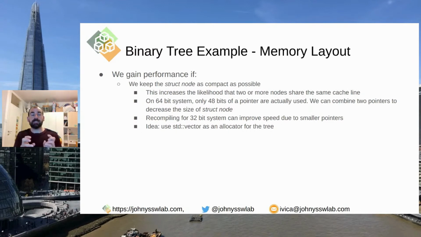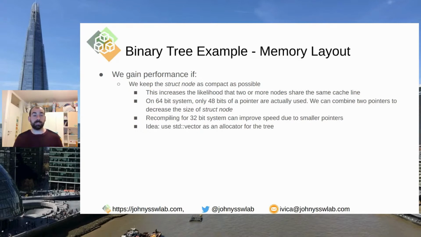Even if that increases the amount of work you need to do, using bit operations to extract those values, nevertheless, your program will be faster because the memory is much, much slower than the time needed to perform those calculations. One of the ways to improve the speed of your memory-bound program is to recompile it for the 32-bit system.